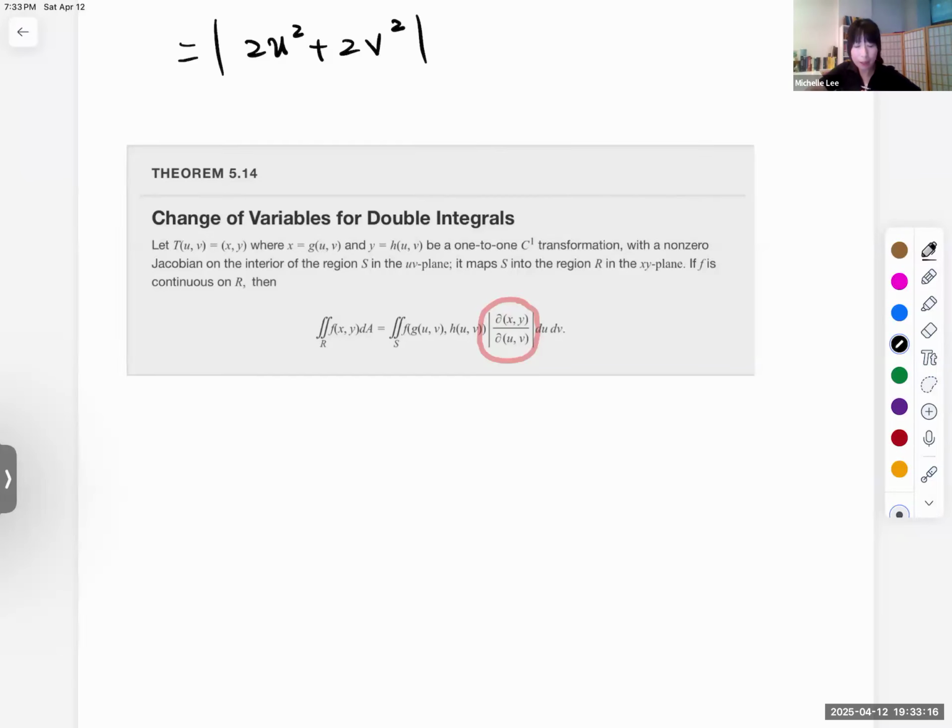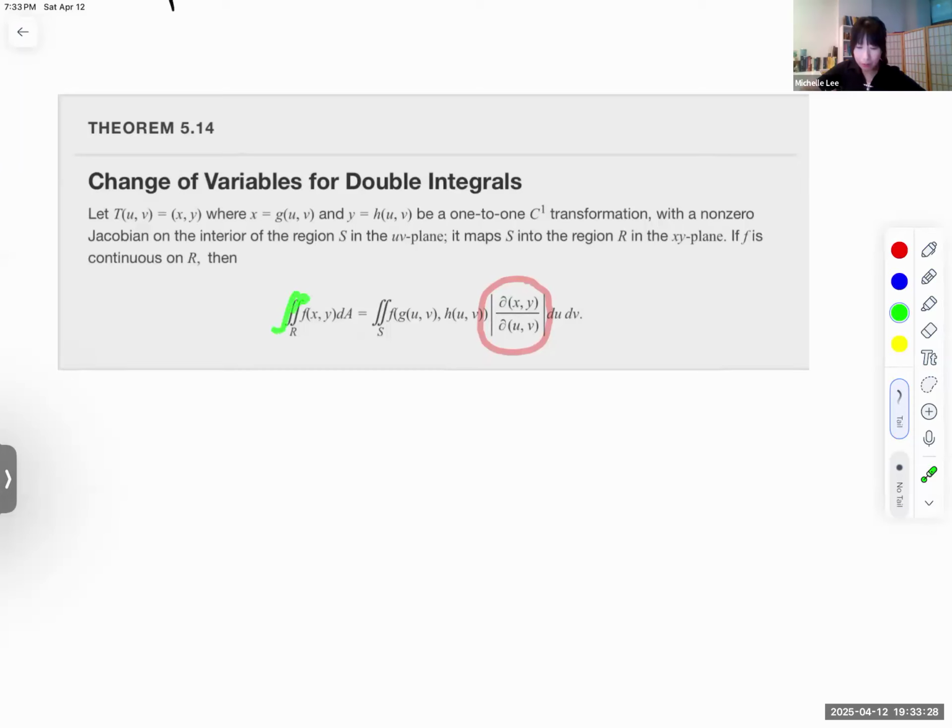Okay, so we have the formula for changing of variable for double integrals here. We have a double integration over region R, and we have a function, right? So dA.